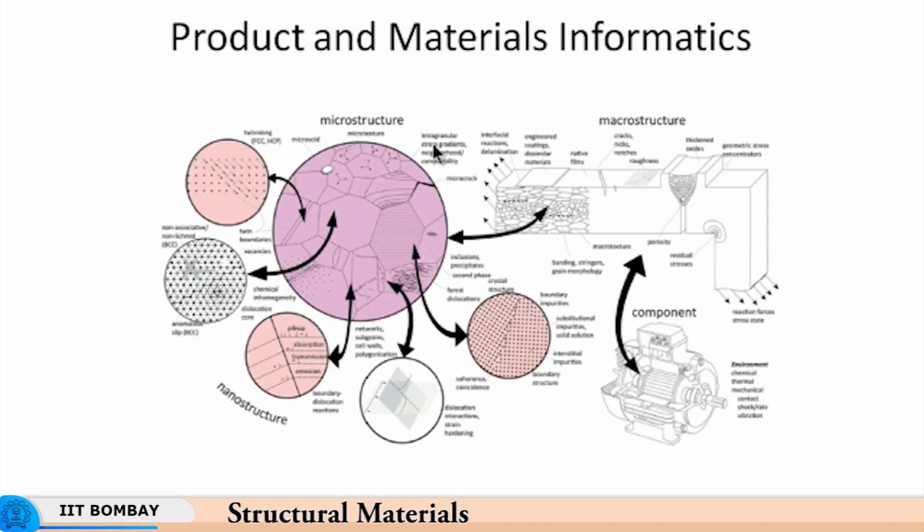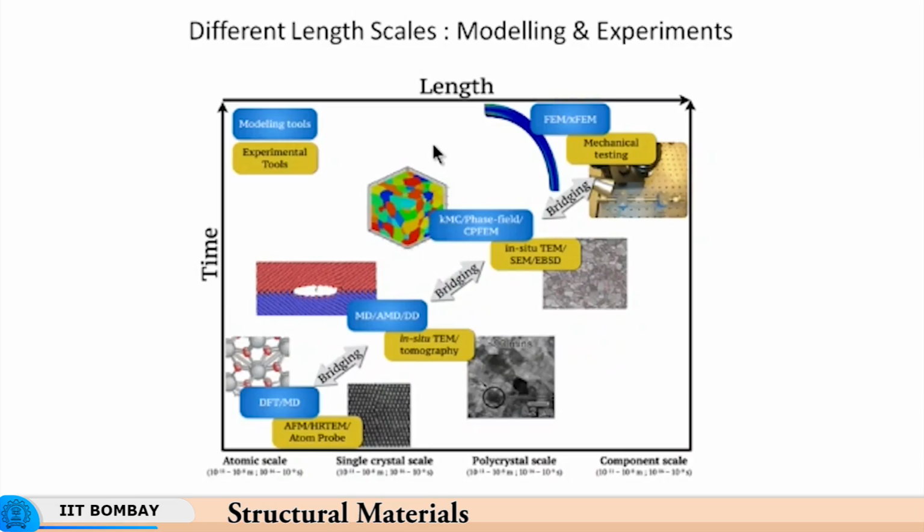So, you know what are the features of the microstructure you want, which are the features you do not want, and accordingly you will set your processing conditions. So, you are going down from the final component towards the microstructure, and the means of achieving those microstructural features, including the nanostructural features like dislocations and grain boundaries and so on. So, this is in short the sum and substance of whatever we have been discussing.